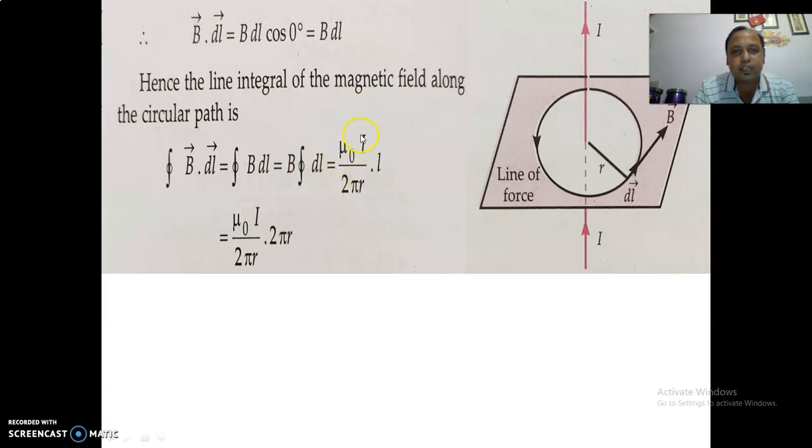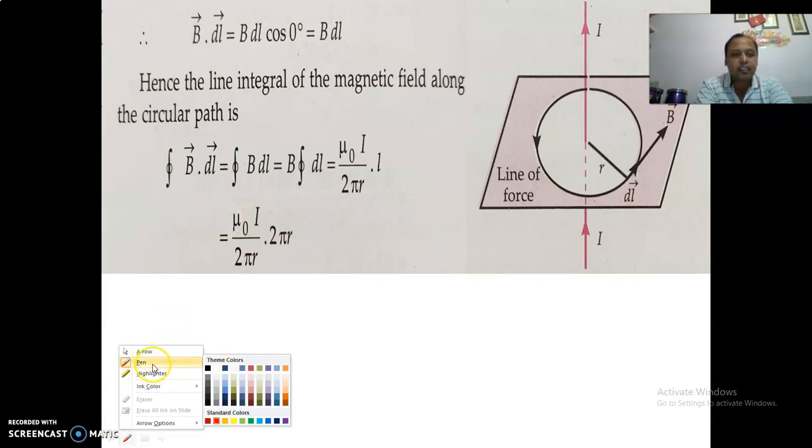We multiply B by the total length L, which is 2 pi r. The 2 pi r and 2 pi r cancel out, and we are left with the formula we needed. So that is the proof that integration B dot dl over a closed loop is equal to mu naught into I. I hope this is clear to you.